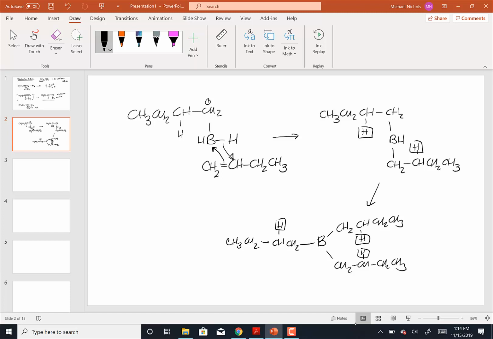Whereas if the boron was attached to the most substituted carbon, we would have the difference in steric hindrance multiplied by 3. So this is the reason why that boron adds anti-Markovnikov. Okay. So it's because the boron isn't just adding once, it's adding 3 times. Right, does that make sense?